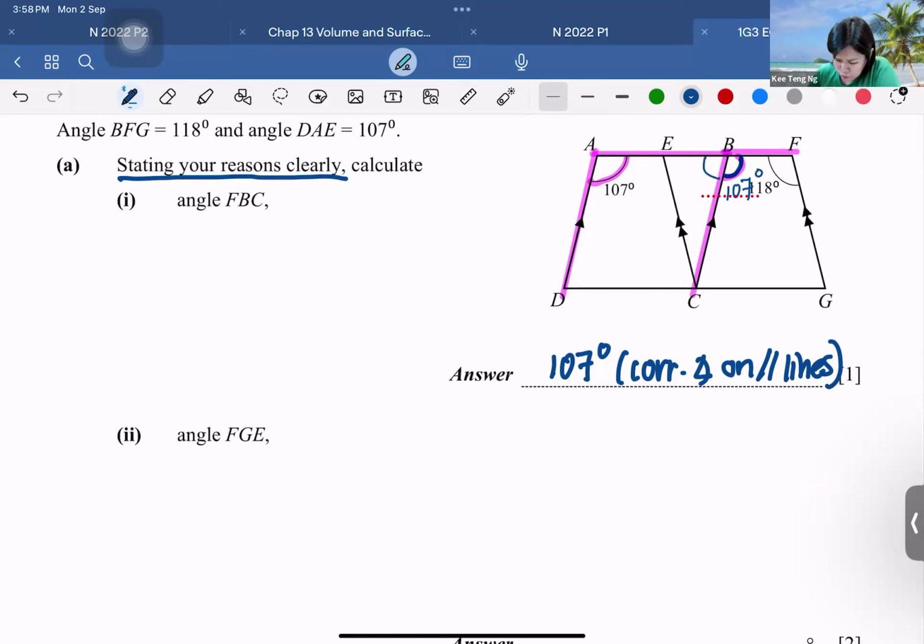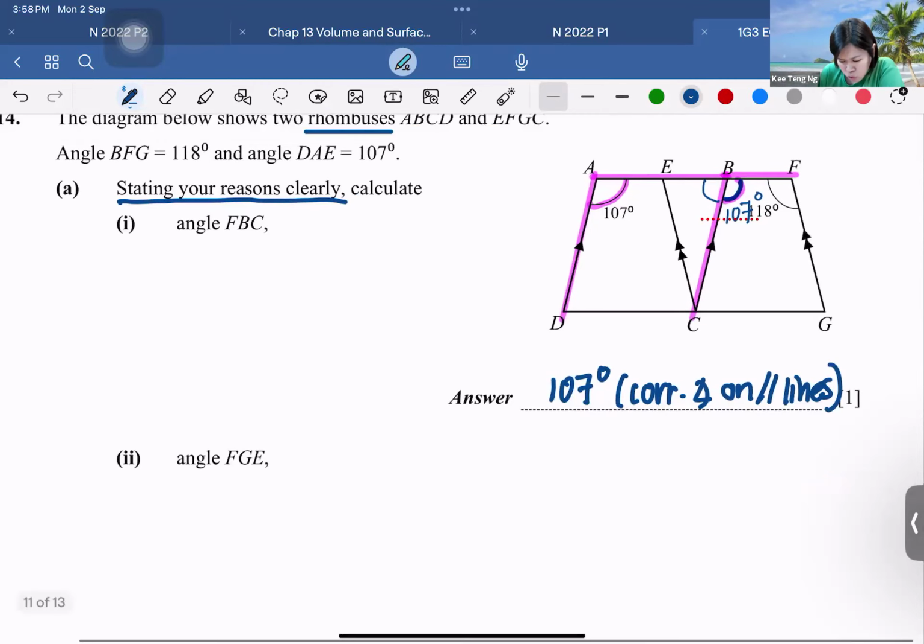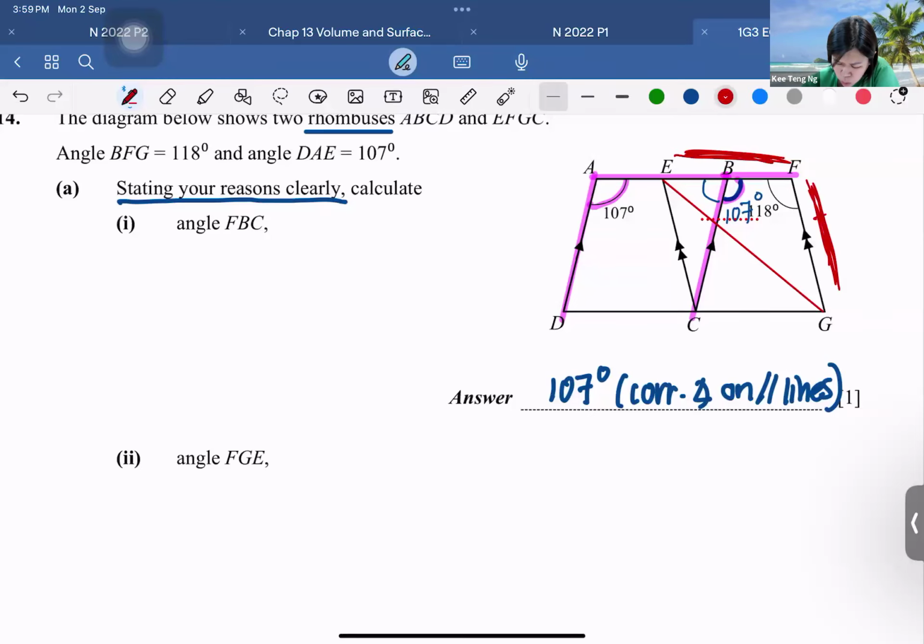Okay, FGE. Oh, FGE. I need to draw out a triangle, this one over here. And how do I find the angle? This line over here, this is a rhombus, right? So the 2 of them are equal.